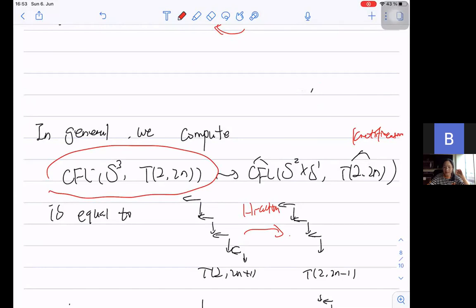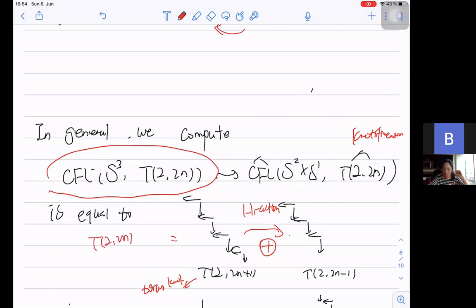Each subcomplex is a very standard staircase. If you're familiar with this picture, the standard staircase is really just the chain complex for T(2,2n+1), a torus knot with n steps, and the other one is T(2,2n−1), which is also a staircase but with n−1 steps. So this is the whole chain complex for T(2,2n).